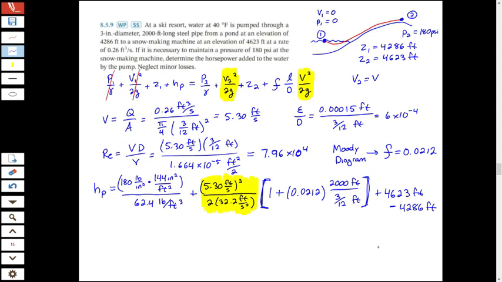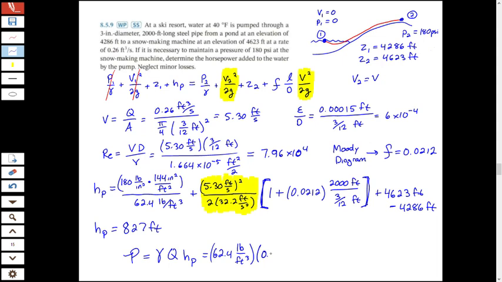And then when we go through that calculation, you will get that the pump head will be 827 feet. Now we have to convert this over to horsepower. So power is the same as specific weight, volumetric flow rate, and then pressure head. So in this case, we will have 62.4 pounds per cubic foot for our specific weight.